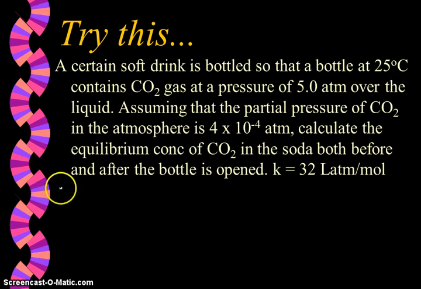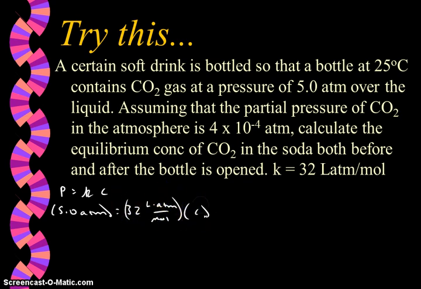All right, so we're going to take P equals KC, and for our closed soda bottle, we've got 5.0 atm equals 32 liter atm per mole times C. So we're going to divide both sides by 32 liter atmospheres per mole, and we're going to get 0.156.